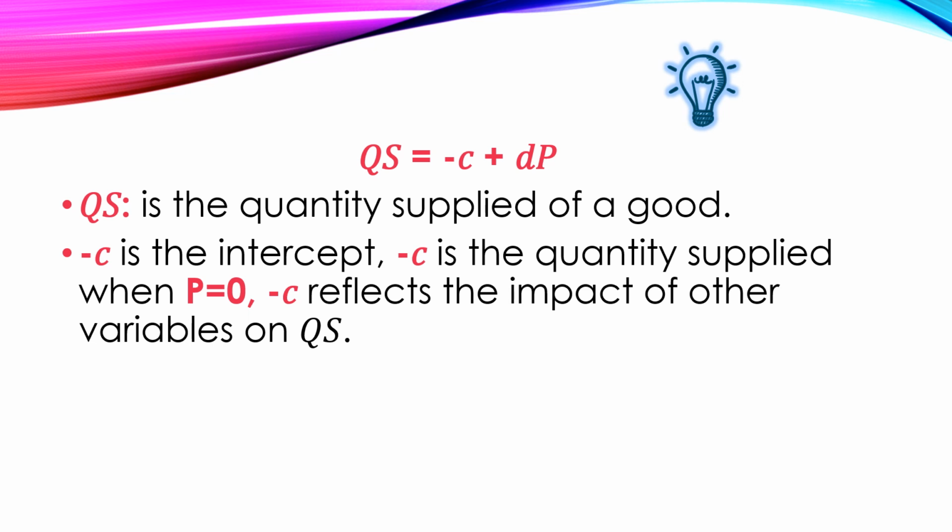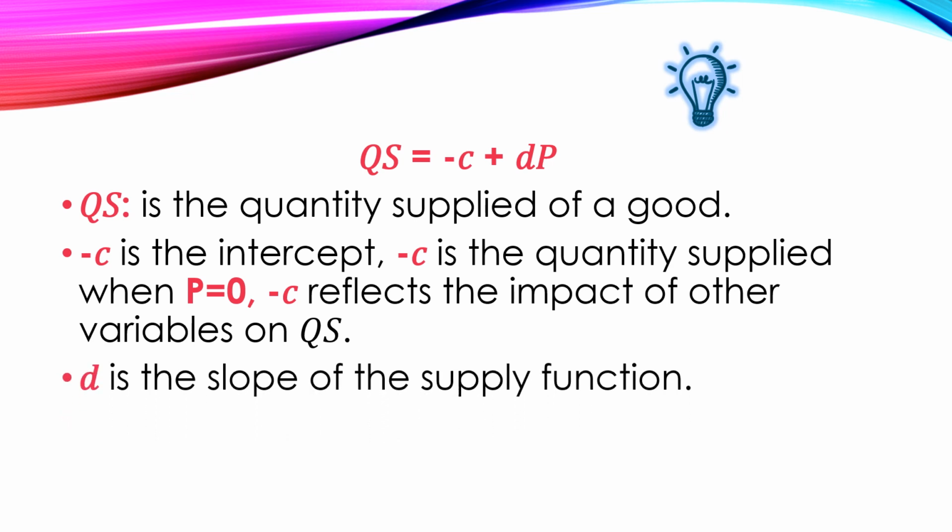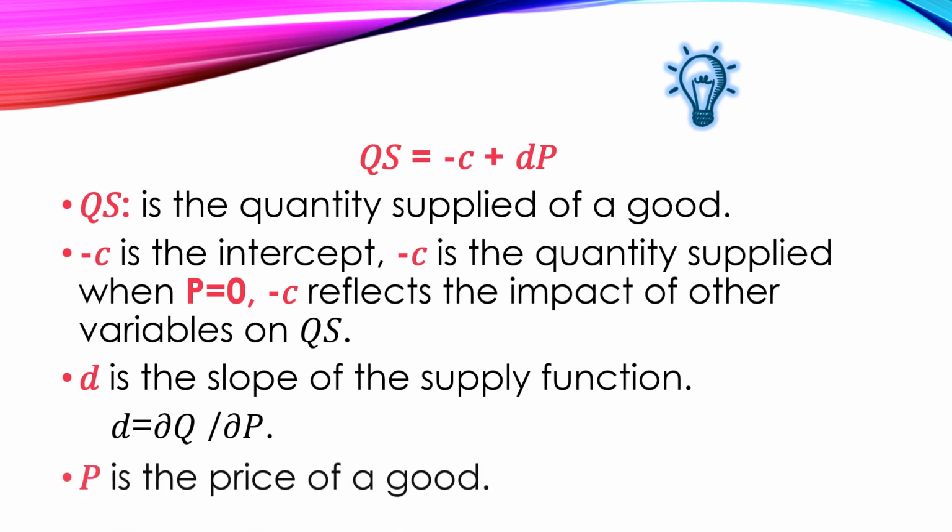It reflects the impact of other variables on quantity supply, such as cost of production, technology, and the prices of other goods. D is the slope of the supply function, equal to change in quantity supplied over change in price. P is the price of a good.